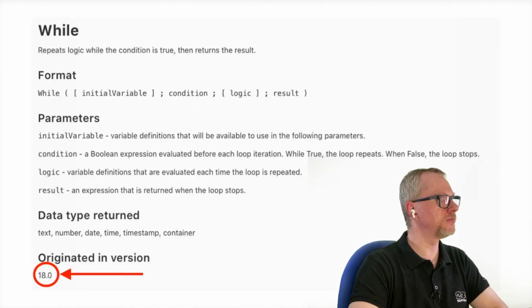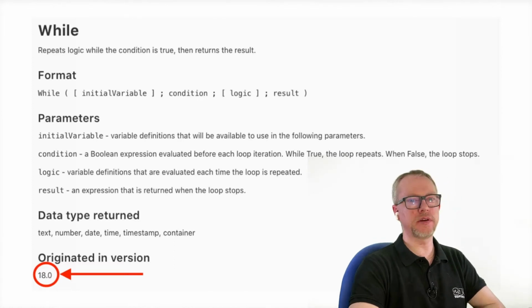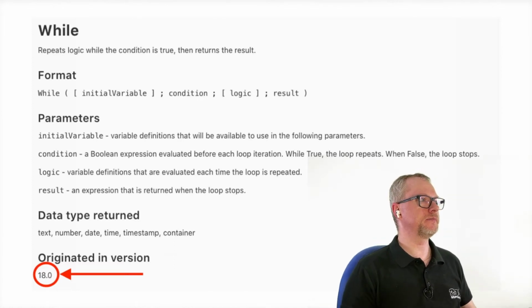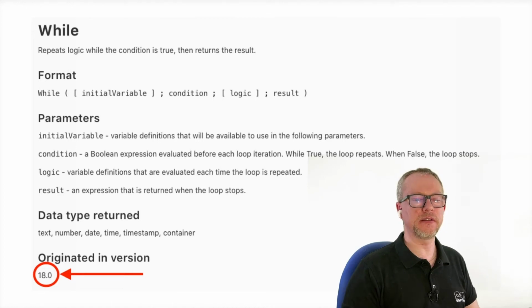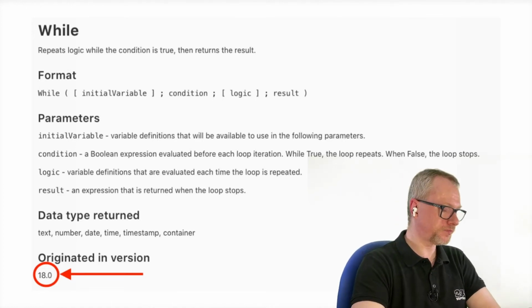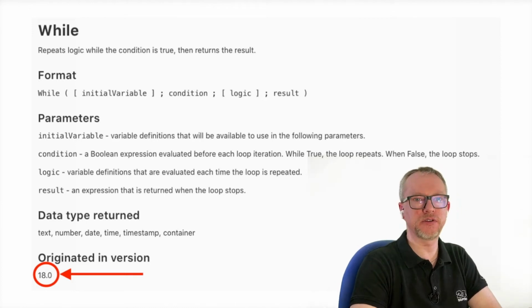Okay, so back to my journey. One thing that helped me with these challenges, with these examples, was the While function. With this function, which was introduced in FileMaker 18, the calculation engine in FileMaker got maybe 10 times more powerful than it was before.